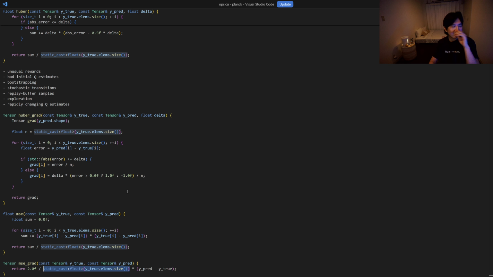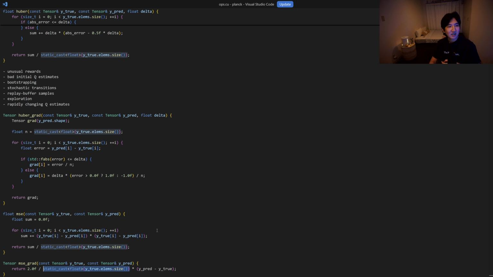Let's imagine the error was quite big, like 10. With Huber, it gets clipped to 1. But with the mean squared grad, you multiply by 2, so it would be 20. And 20 versus 1, the gradient of 20 is really huge. You might experience gradient exploding, and I think the neural network would have a hard time converging to the global minimum.